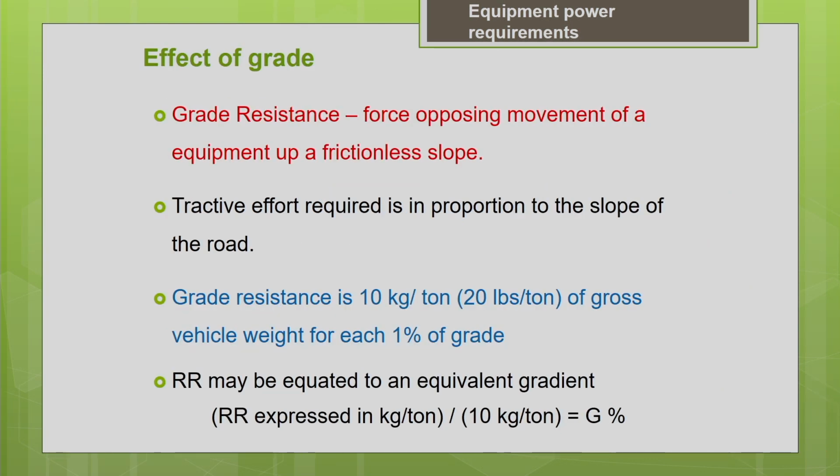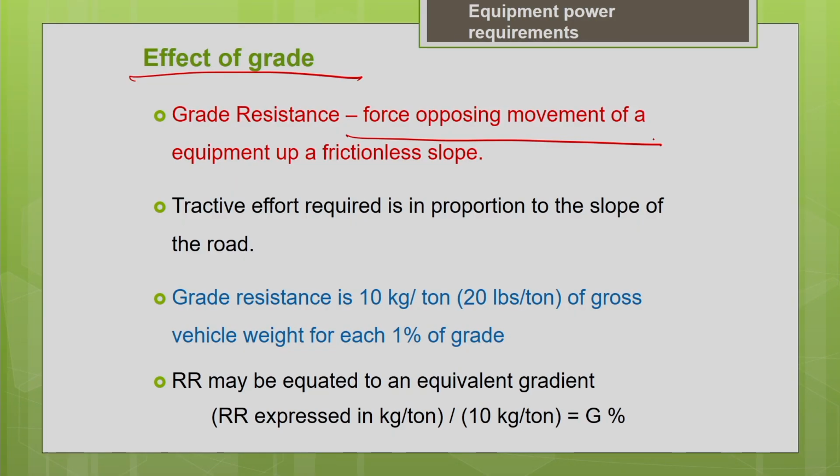Now, so far we have discussed the rolling resistance. Let us look into the other part of the resistance in your project site, that is your grade resistance. Most often your equipment has to climb up a slope. When the machine is climbing up the slope, obviously you need some additional effort to make it move up the slope, because it is moving against gravity.